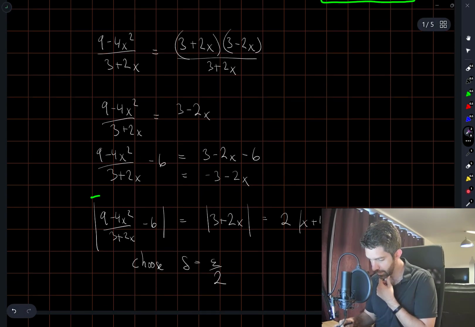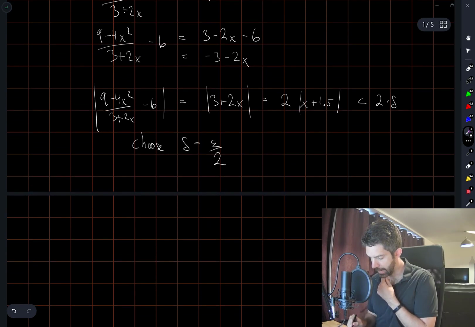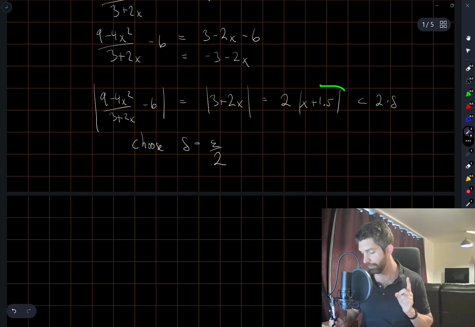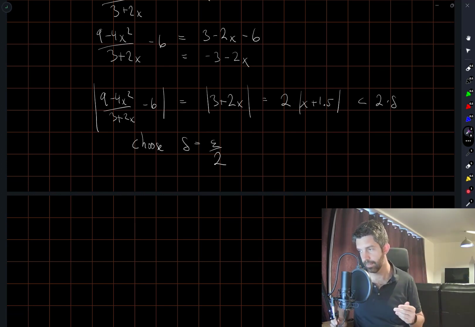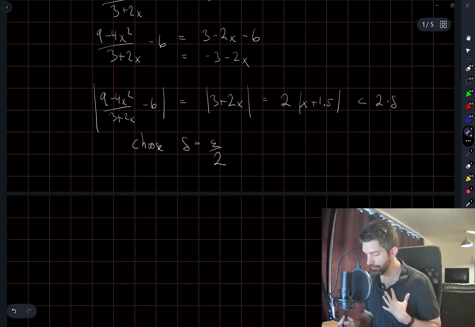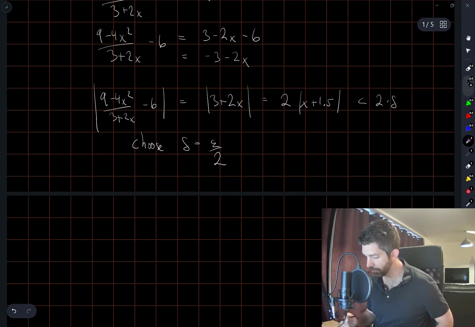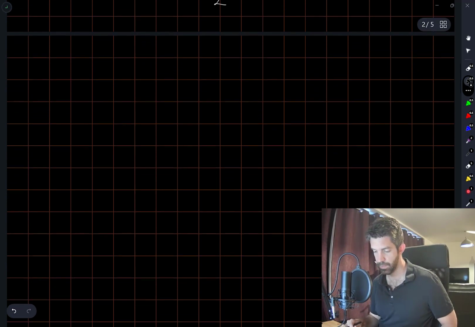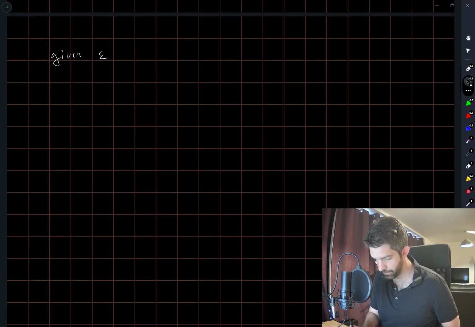I can show that this is equal to 2 times the absolute value of x plus 1.5. But x plus 1.5 is exactly the quantity that we have control over by choosing delta. So if I choose delta to be equal to epsilon over 2, this thing becomes epsilon. So let me go through the entire argument now to prove this limit.